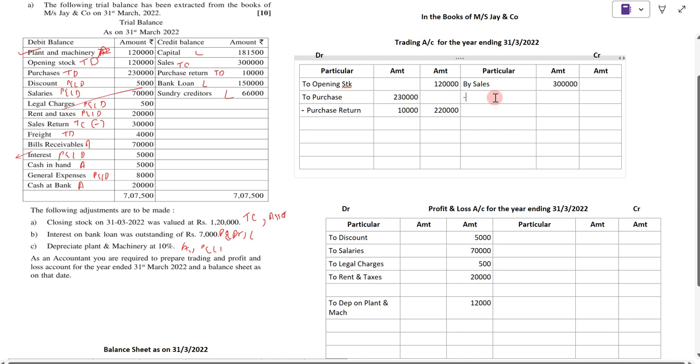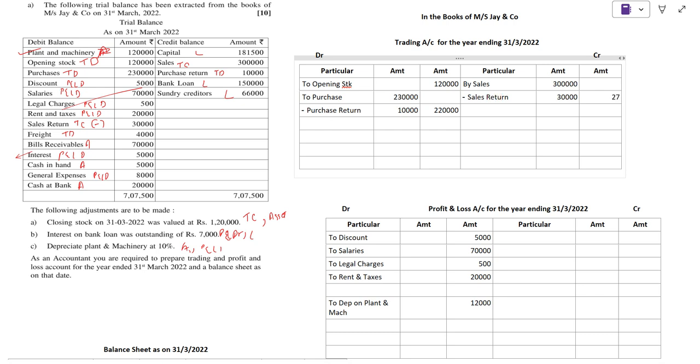From sales, less sales return rupees 30,000. So 3 lakh minus 30,000 is 2,70,000.